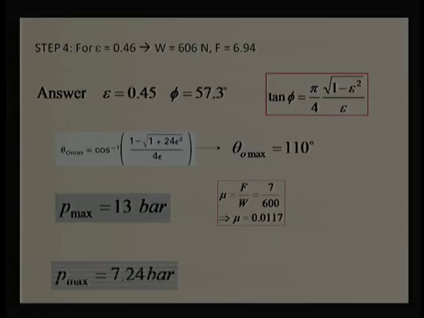But from the coefficient of friction point of view, the friction force is 7 Newton in this case, divided by 600, which gives 0.0117. The coefficient of friction is 0.0117, while in the earlier example it was lower, 0.0086. So increasing the length is not fulfilling a lot of purposes.